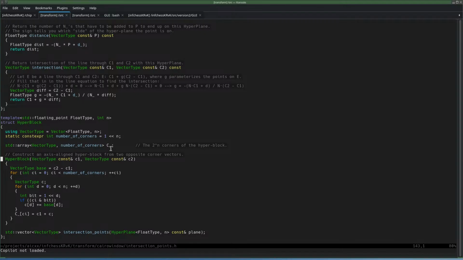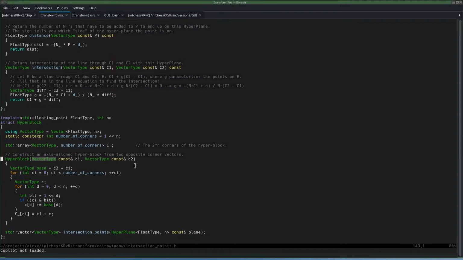We already see that. So if this is that array and I pass it as an initializer list, passing the window width first, and then the window height.